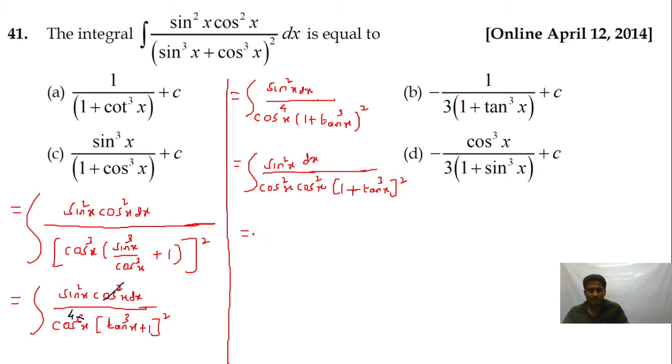Sin square by cos square is tan square. 1 by cos is equal to sec, so you get sec square x dx upon 1 plus tan cube x the whole square. Now it's easy. Now I brought it to the standard form.